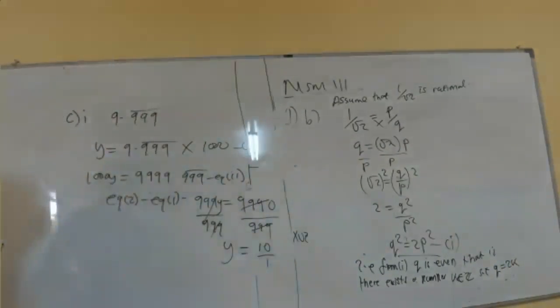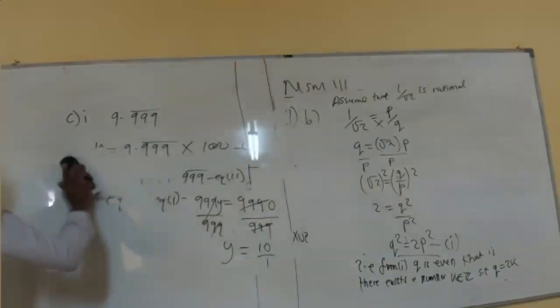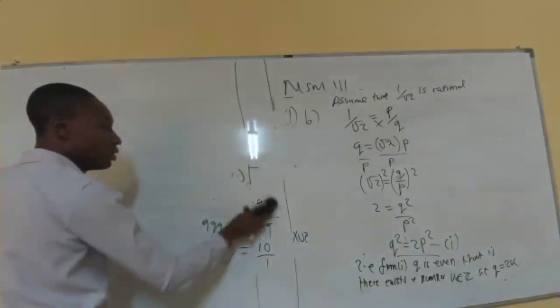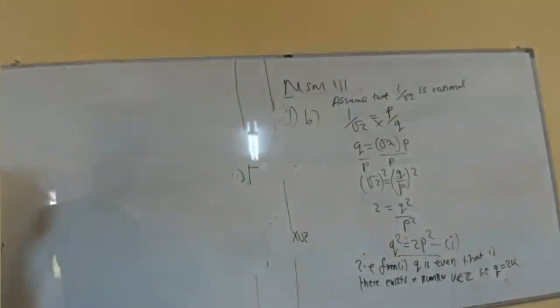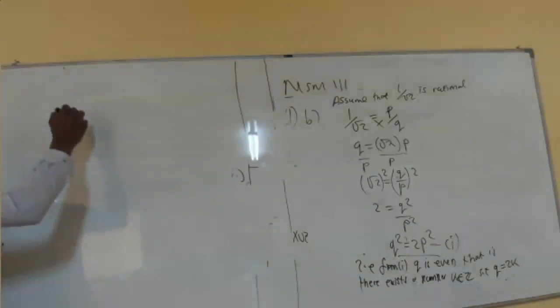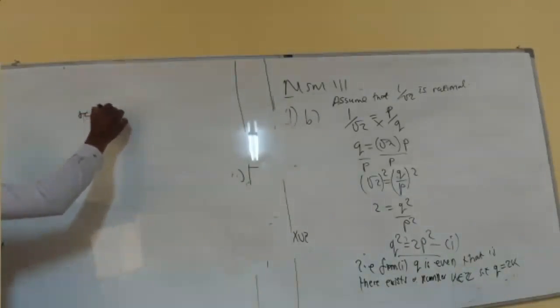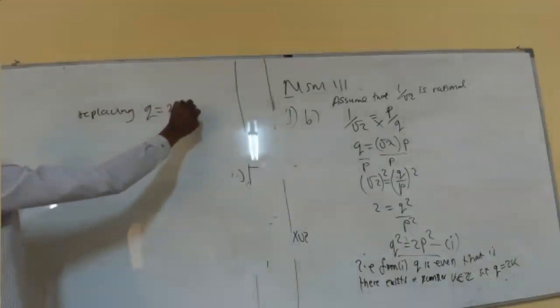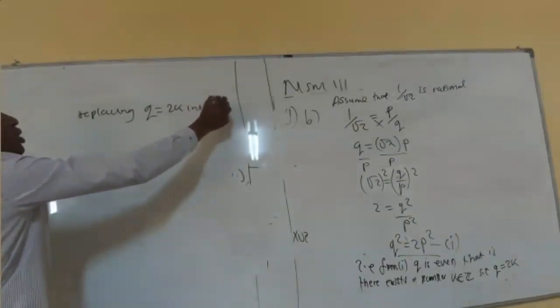Then we're going to replace q equals 2k into equation 1.